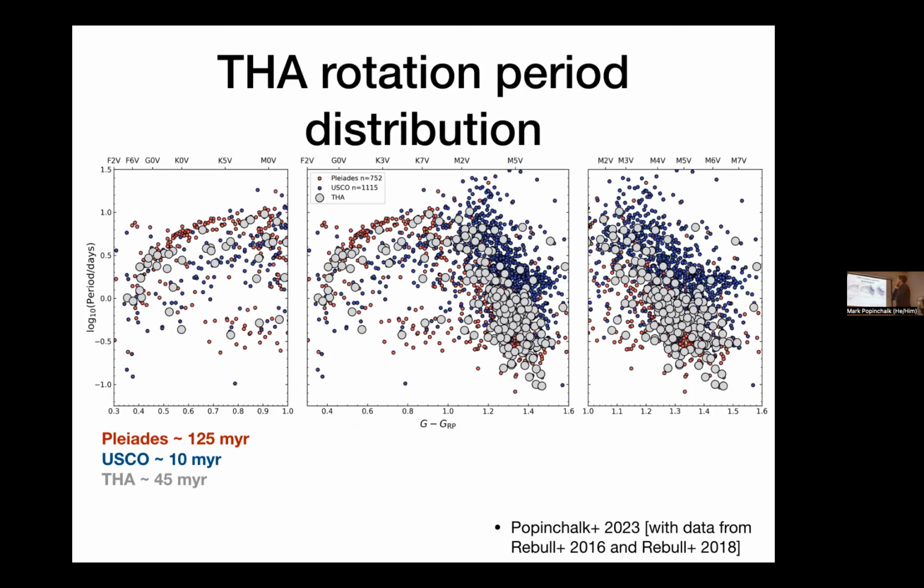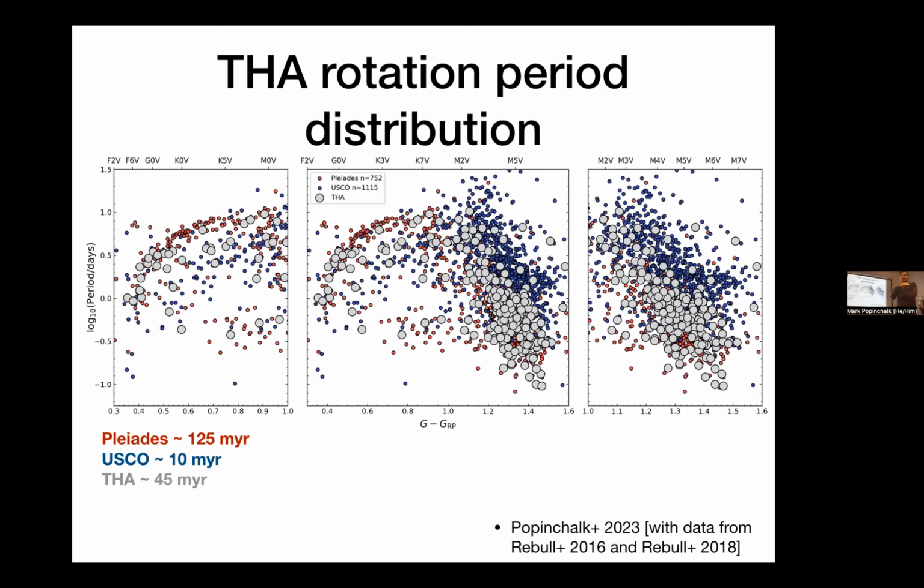My first thing I should say is, what do I mean by youth? I would say hundreds of millions of years. You can see that we've got three groups up here that are between 10 to 100 million years, and all of them across the spectral type range, perhaps arguably not some of the upper scale objects, have rotation periods under 10 days.